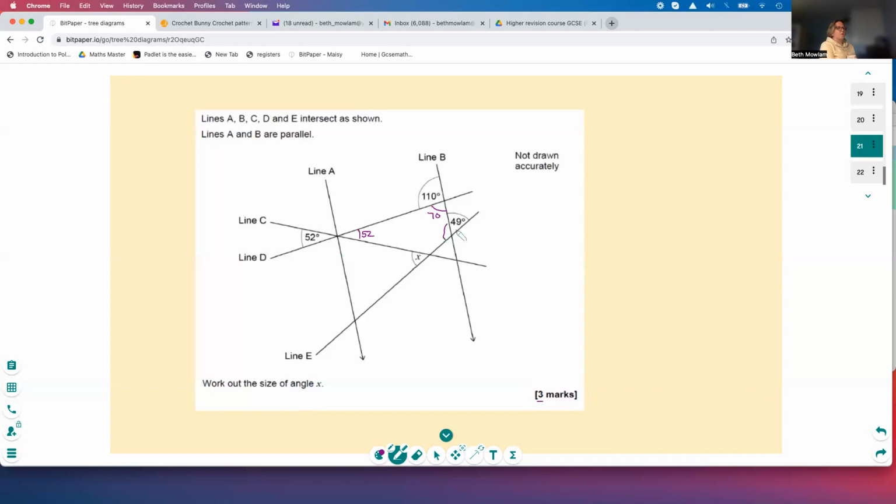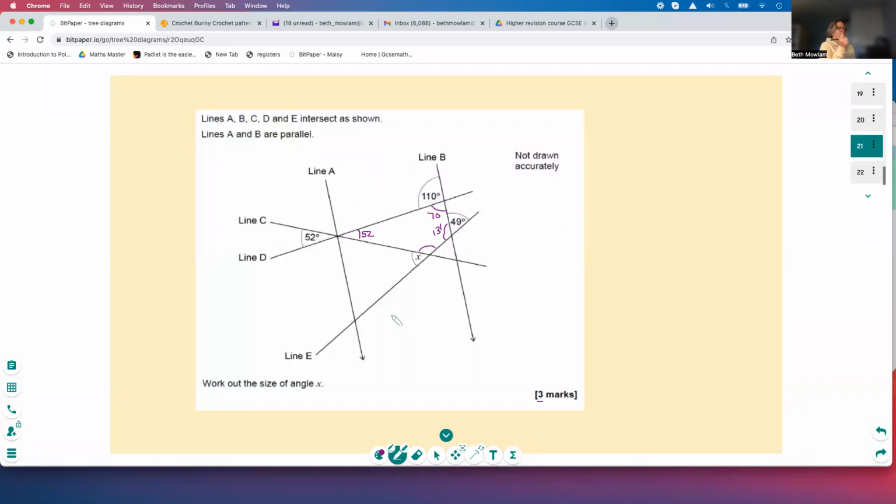I know that this one is 131 because angles on a straight line, my straight line here, add up to 180. Now I also know that this is a 4-sided shape here, 1, 2, 3, 4. So angles in a 4-sided shape, a quadrilateral, add up to 360 degrees.